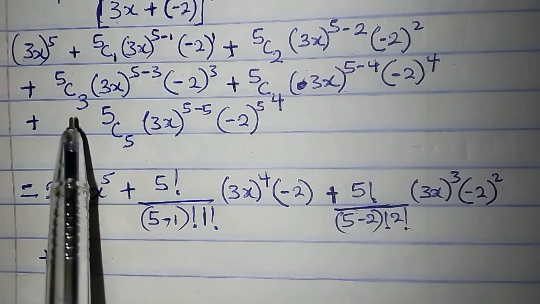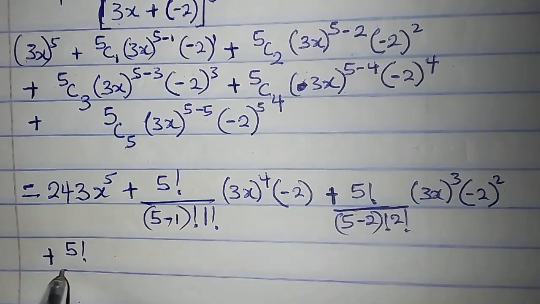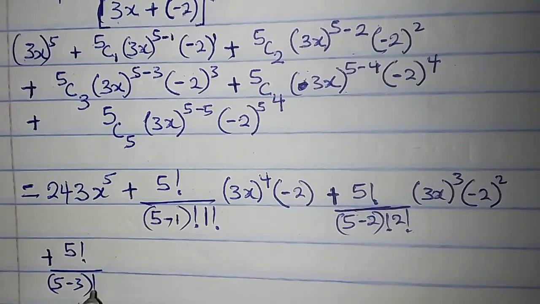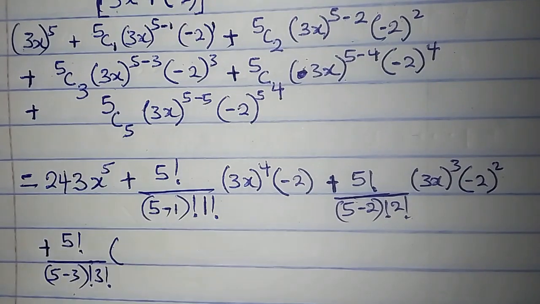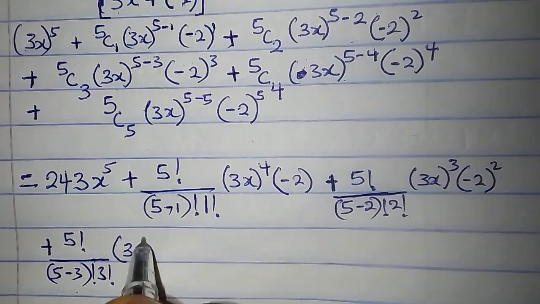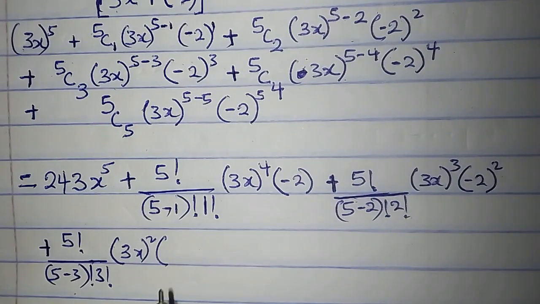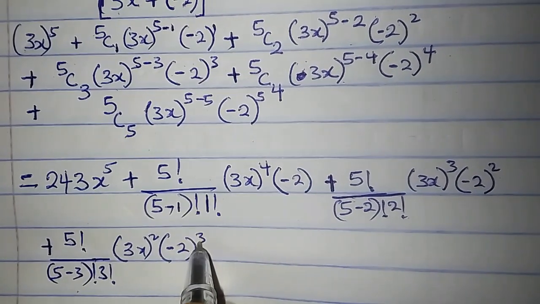Plus, we have 5 combination 3, which is 5 factorial all over 5 minus 3 factorial times 3 factorial, times 3x to the power of 2, because 5 minus 3 is 2, then times minus 2 raised to the power 3.